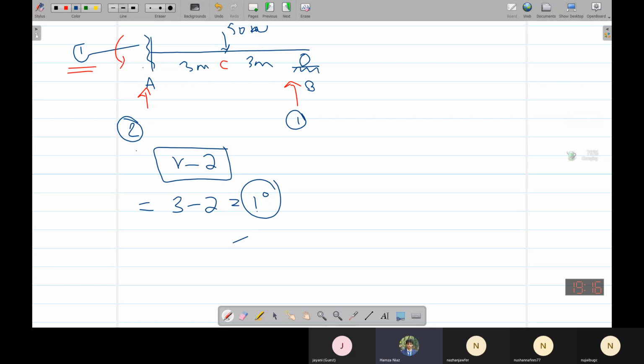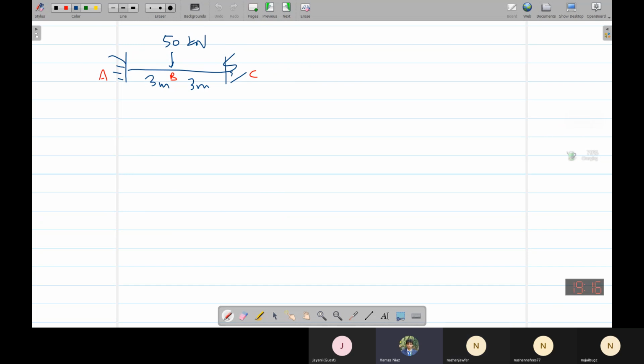How do we calculate the degree of indeterminacy for a beam? Have you all got this? Yes, R minus 2. Okay, we'll do this for this one. Here we have two reactions at A because we are ignoring the horizontal ones. Actually, we have three reactions at a fixed support: a vertical reaction, a horizontal reaction, and a moment reaction.